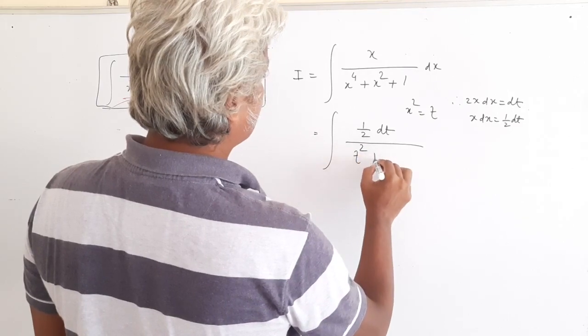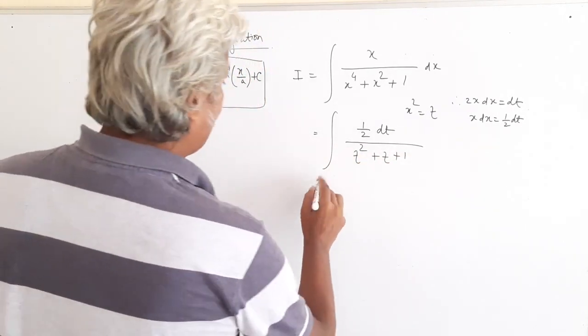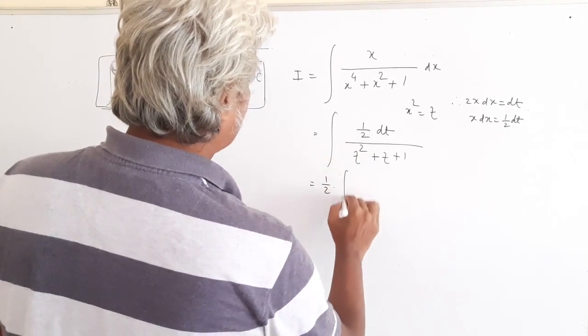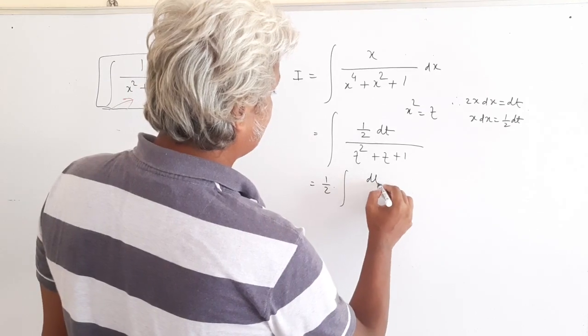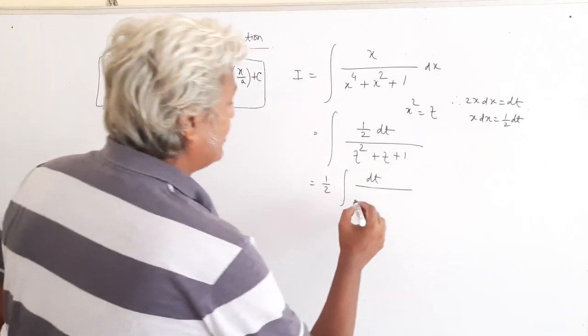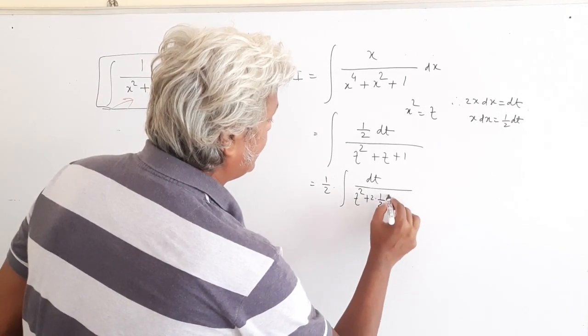So this becomes t square plus t plus 1. Now I take this half outside, this is constant, and then down I'll get dt over t square plus t plus 1. I would like to write this as t square plus 2 into 1 by 2t.